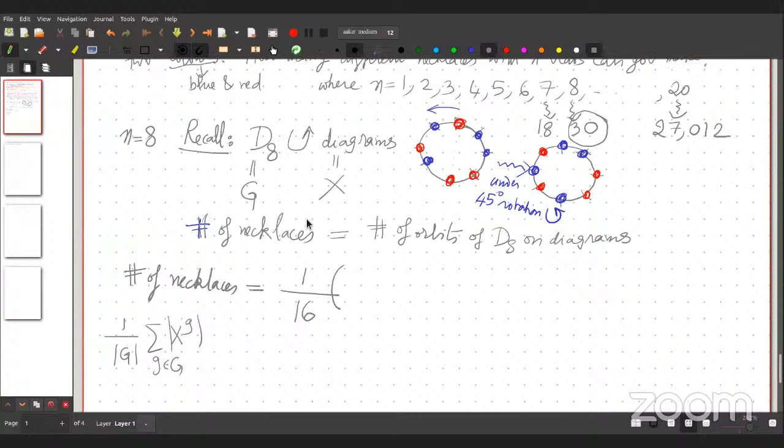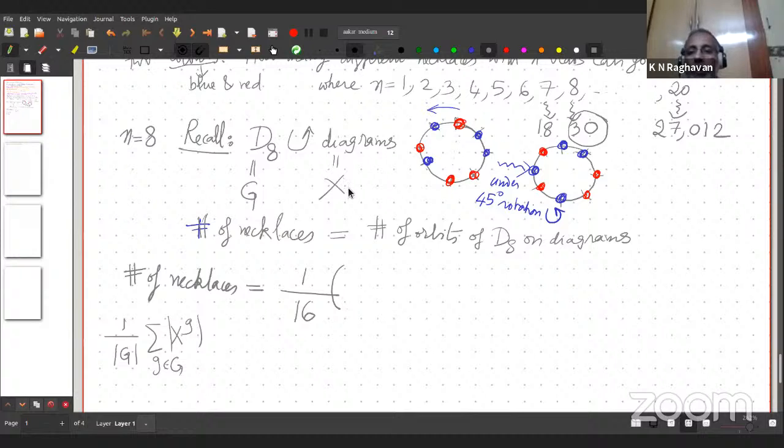2 power 8. Very good. Okay. And so let's write this. I'll use this color here. The cardinality of X is 2 power 8. Very good. So here is, for example, one diagram. Here is another diagram. Now, does this remain fixed under the identity?